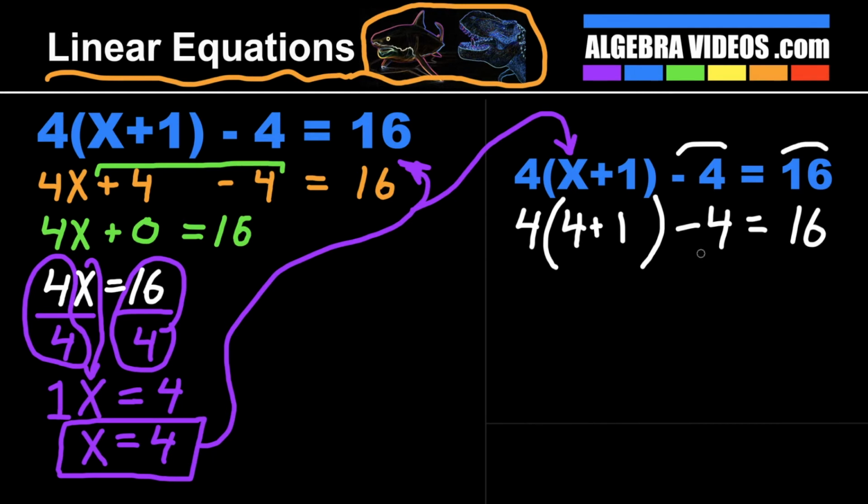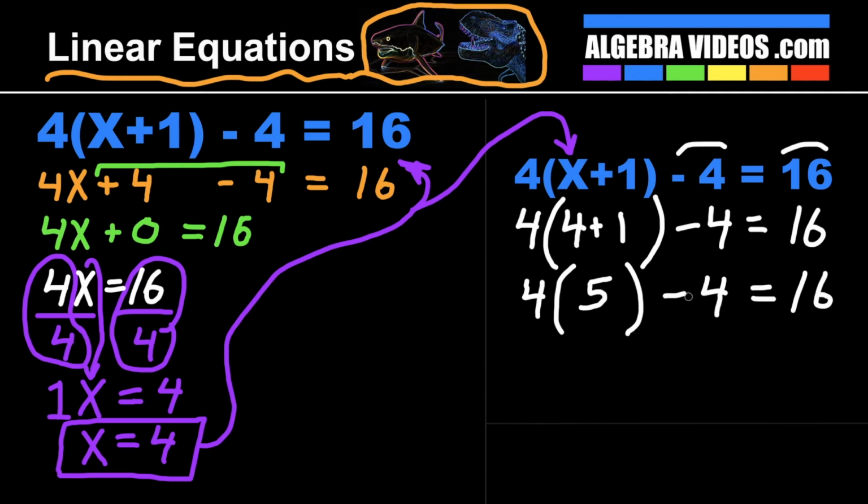So we always do what's inside the parentheses first. So I'll just rewrite this as 4. And then here's the parentheses. And then what goes inside the parentheses? 4 plus 1. That is 5. So now the parentheses term is simplified to just 5. And then I'll rewrite everything else unchanged, bringing down the 4 and bringing down the 16.